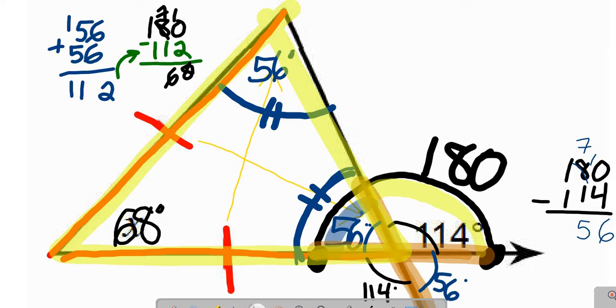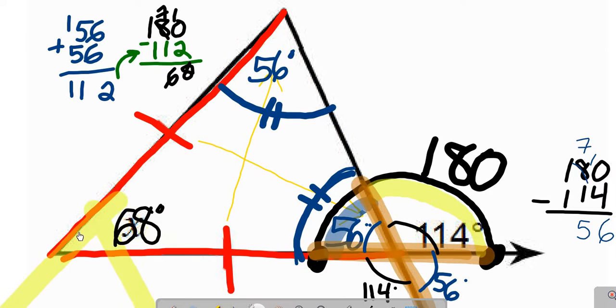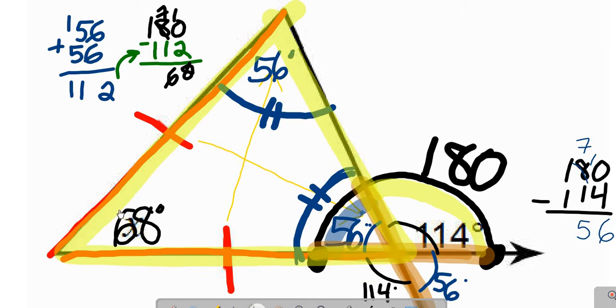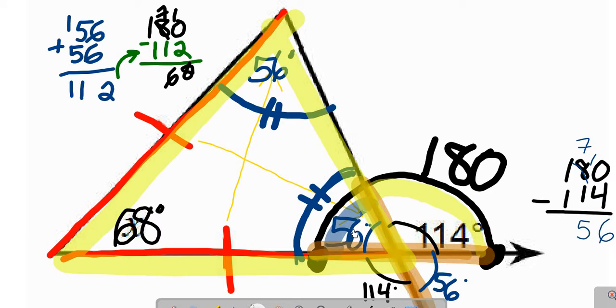So just to recap what you learned. 1, triangles add up to 180. 2, if you have two equal sides, you have two equal angles. 3, angles that make a rainbow add up to 180, and angles directly across from each other are congruent.